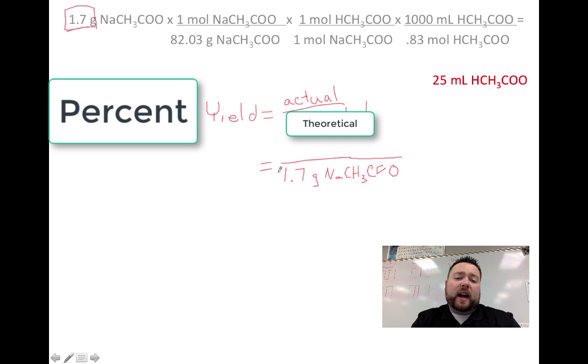So let's say that I evaporated off all of my extra water, I put that on the scale, and I actually only received 1.4 grams of sodium acetate.